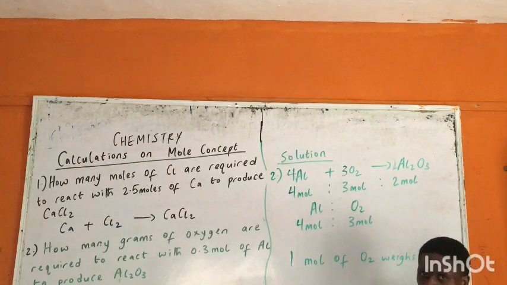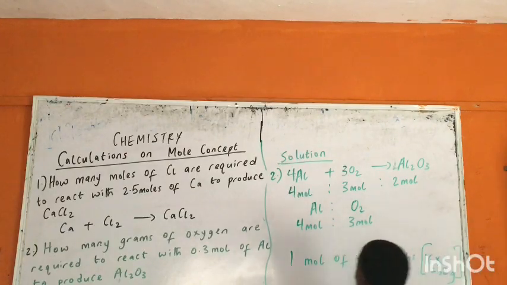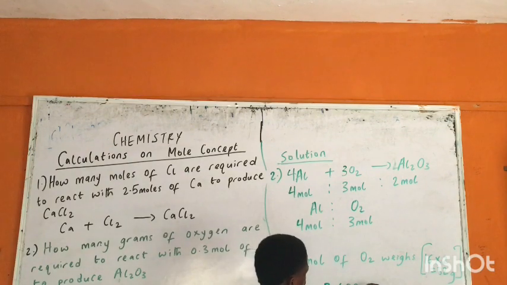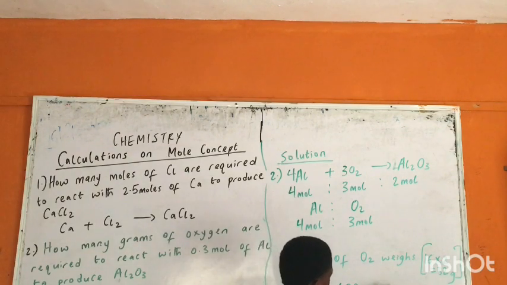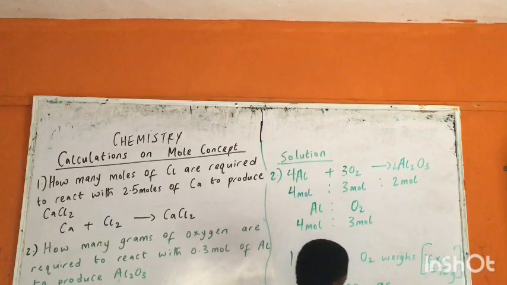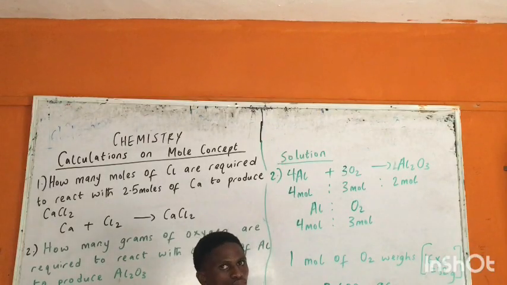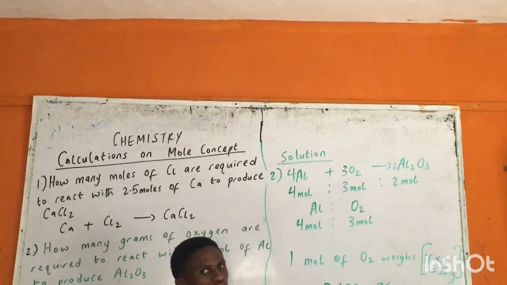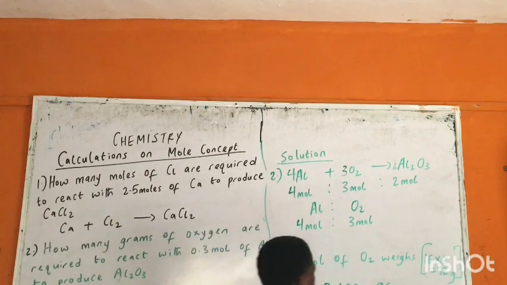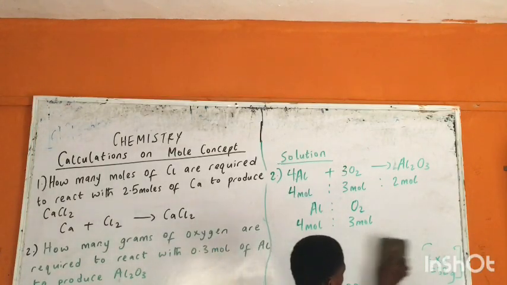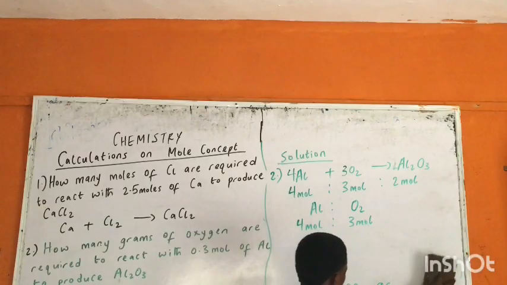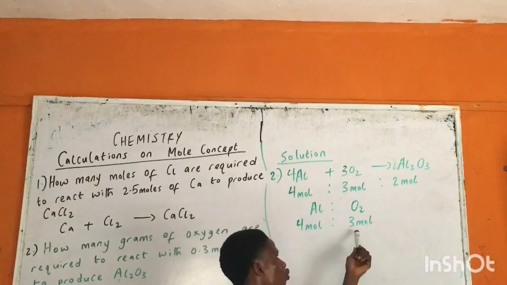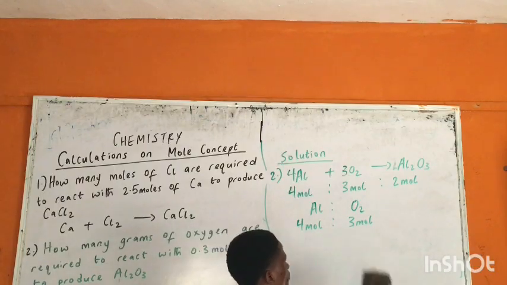That will be 3 times 32, which equals what? 96 grams. So 3 moles will weigh 96 grams. So we are converting mole to gram.